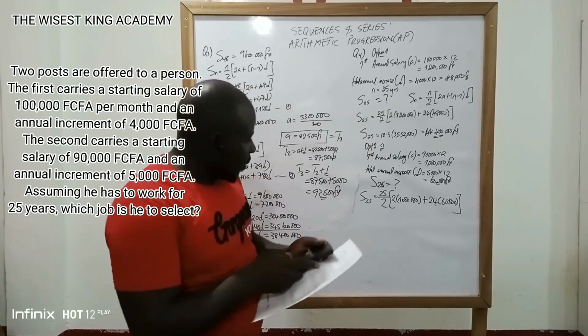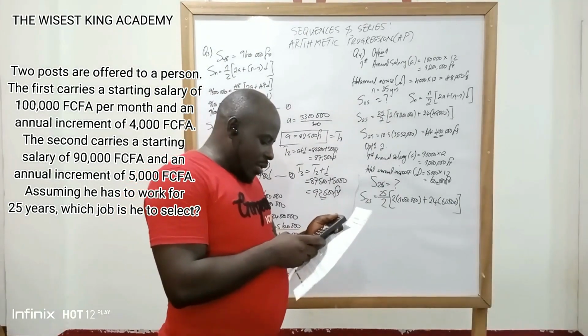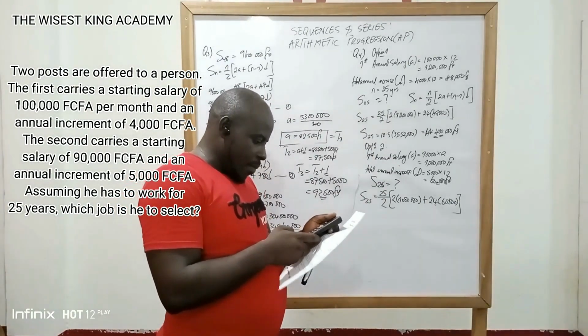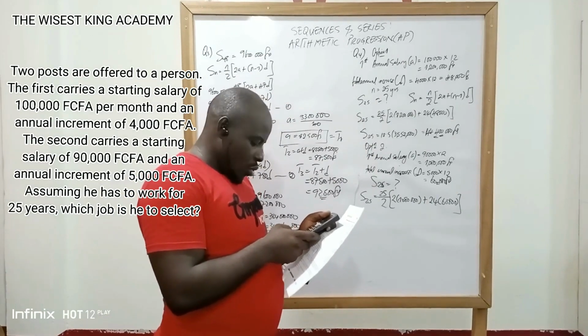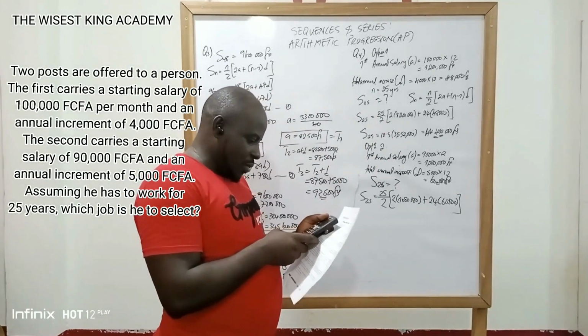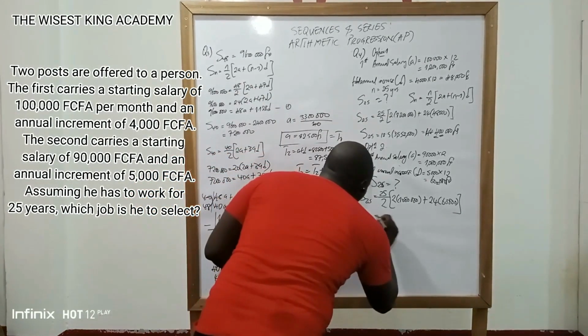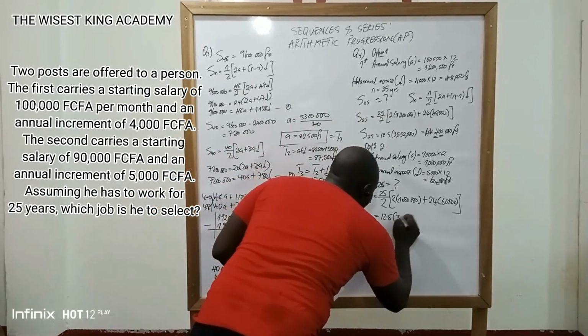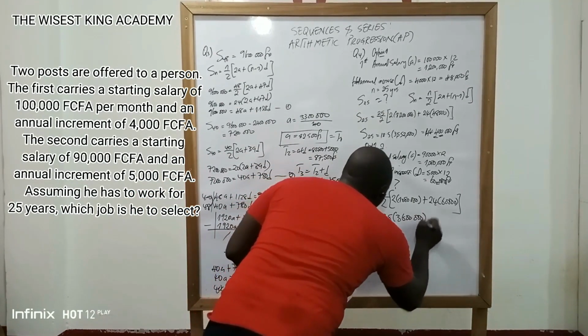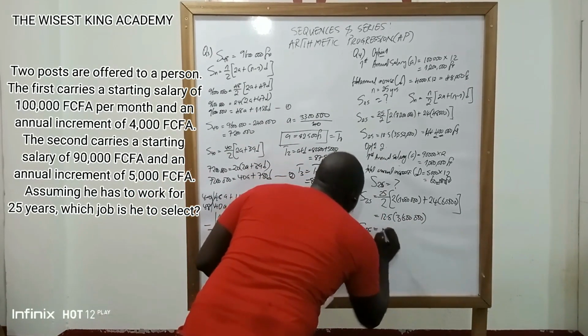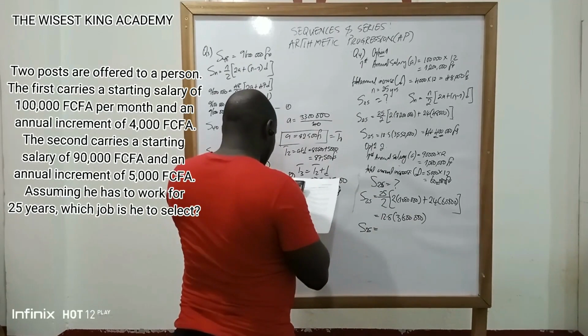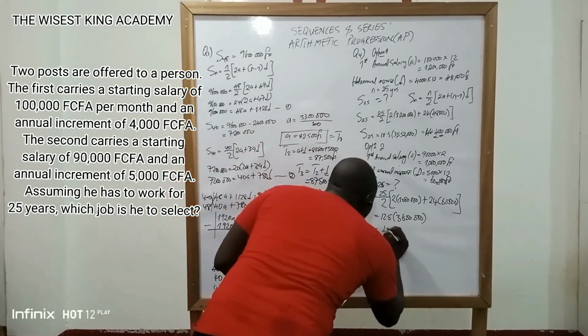So let's calculate 2 times 1,080,000 plus 24 times 60,000. That will be 3,600,000. So this will be equal to 12.5 times 3,600,000. So S25 here is going to be 45 million. Wow.